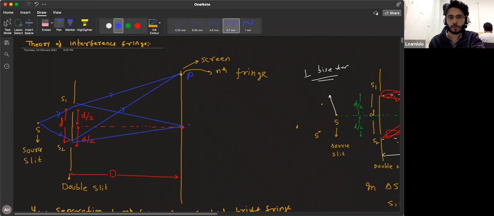So this is O. This point at the center is known as the central maximum. The separation between the central maximum and point P is represented by Yn.